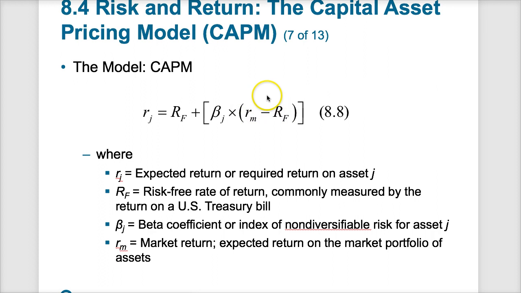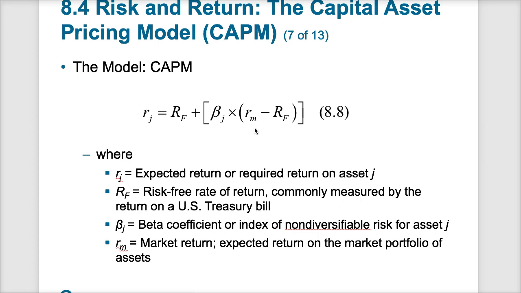So if we subtract the risk-free rate from the market return, we get this risk premium for the market that we can amplify by beta. Then we can add back in the risk-free rate unamplified to get the required rate of return. So the key component here is that for the capital asset pricing model, we are not going to amplify the risk-free rate, just the risk premium of the market by the beta to calculate what the required rate of return is.